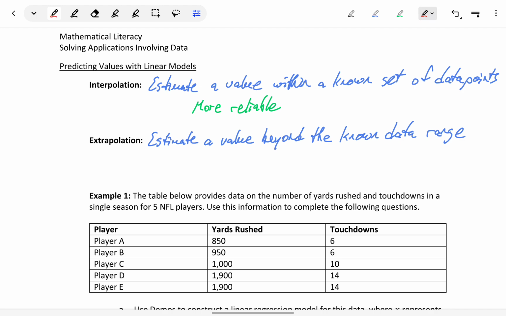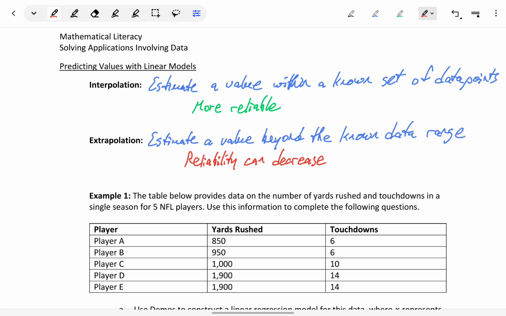And in these cases, reliability can decrease because any prediction that we make is based off the assumption that that linear trend continues.